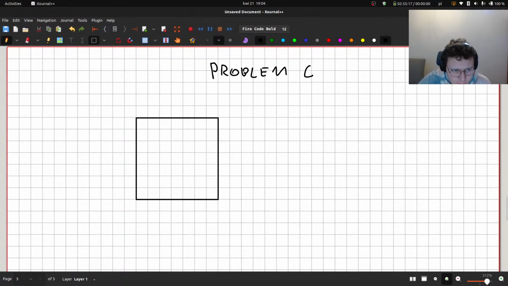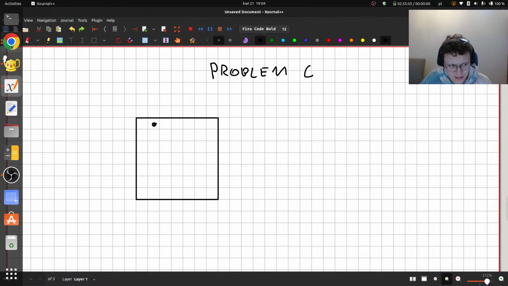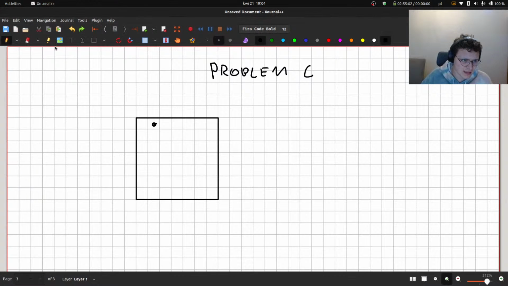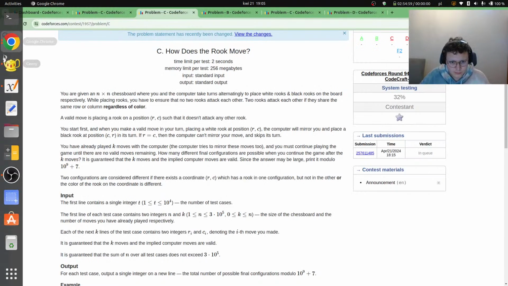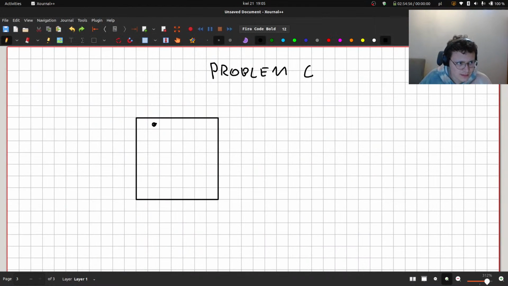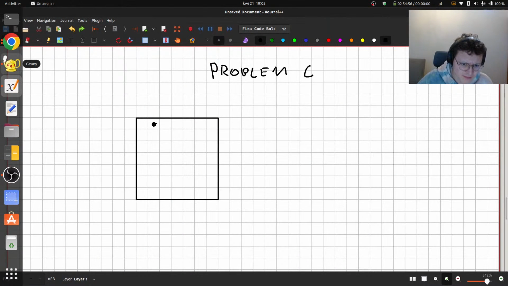And in one move, we can choose some square such that there is nothing that attacks this square. We can choose some square if there's nothing in its row and nothing in its column. And we can color that square, let's say, blue.